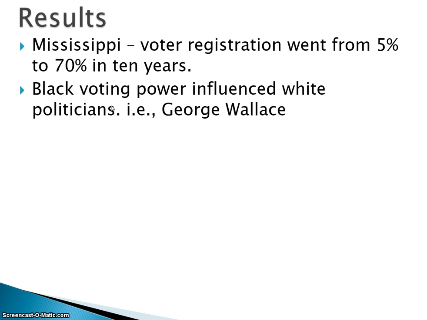George Wallace was a politician who openly was discriminatory against African Americans. And after this, in Mississippi, even George Wallace courted the black vote because he knew that was the only way he was going to win. So you see, real rights come from a meaningful right to vote.